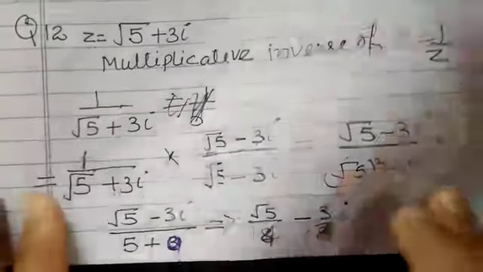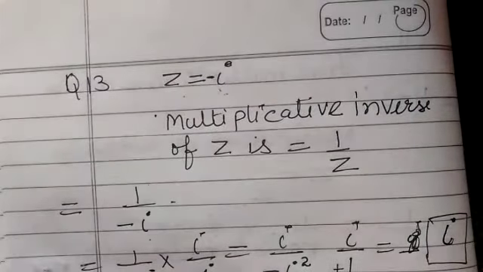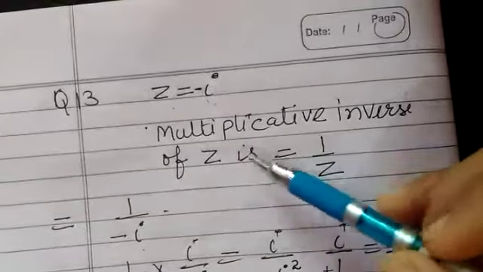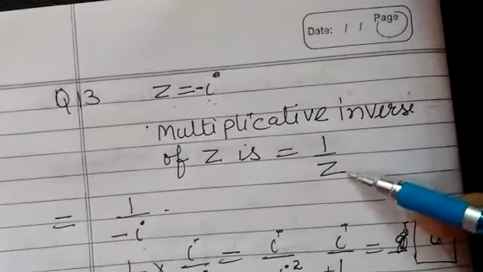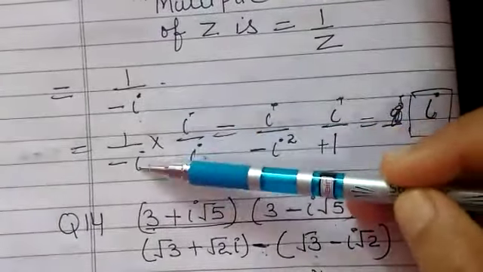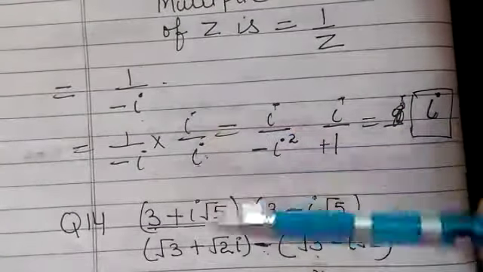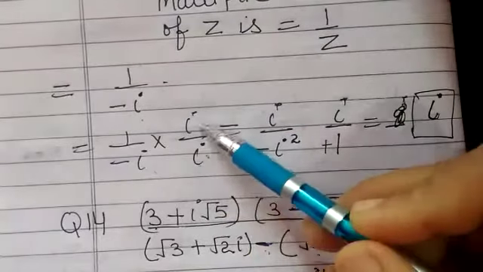I have to write it separately. In the question number 13, I have the question z is equal to minus iota. To find the multiplicative inverse, I will take the reciprocal of it, and when I reciprocal it, again it becomes the denominator. To remove it, I will rationalize it.